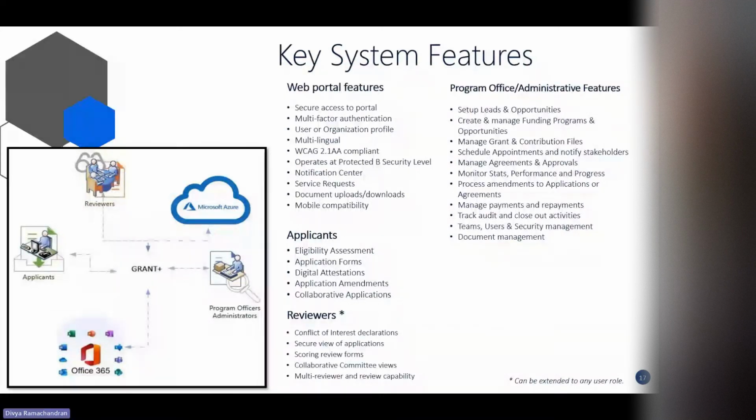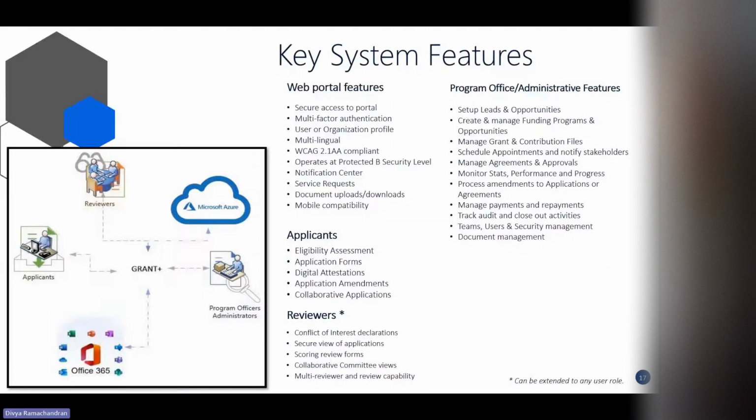So it is viewable by accessibility and special needs people, and it operates at a Protected B security level, which is something that the Treasury Board of Canada utilizes in terms of securing the data and the information coming through, and having it displayed to the user in terms of data protected, because there is some personal information as noted in terms of even payment and just information that the institution is sharing with the applicant, etc.